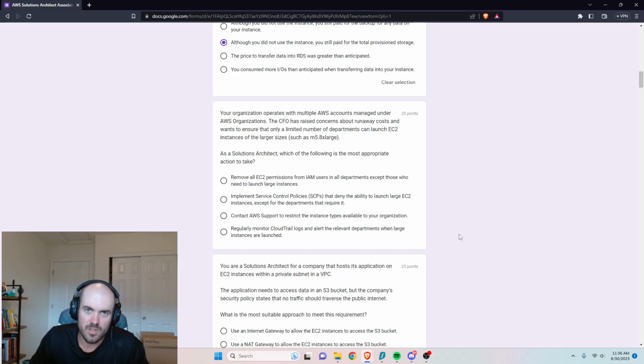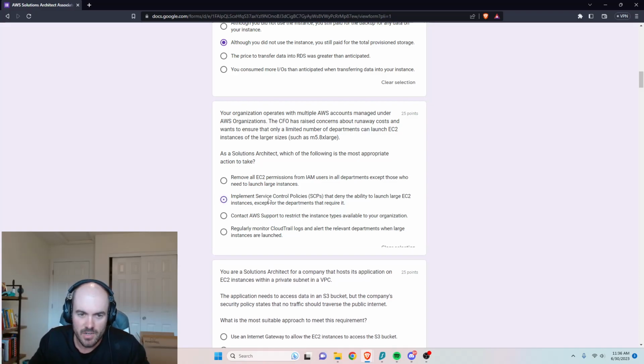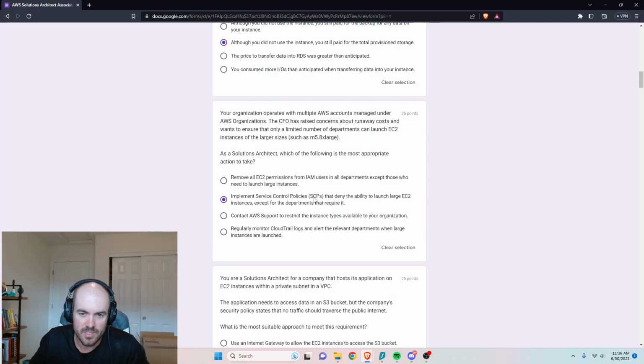That could be helpful for seeing when something was launched, but it's not necessarily going to restrict it in the first place. You're still going to theoretically be able to launch them, and then you'll have to pay for them. So I'm going to go ahead and go with B. Implement SCPs. SCPs are great. And again, they're exclusive to organizations, and they set guardrails on what is possible and not possible to do.